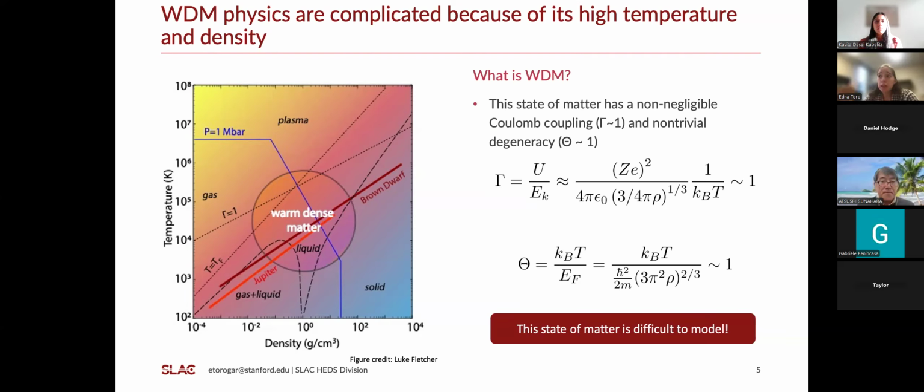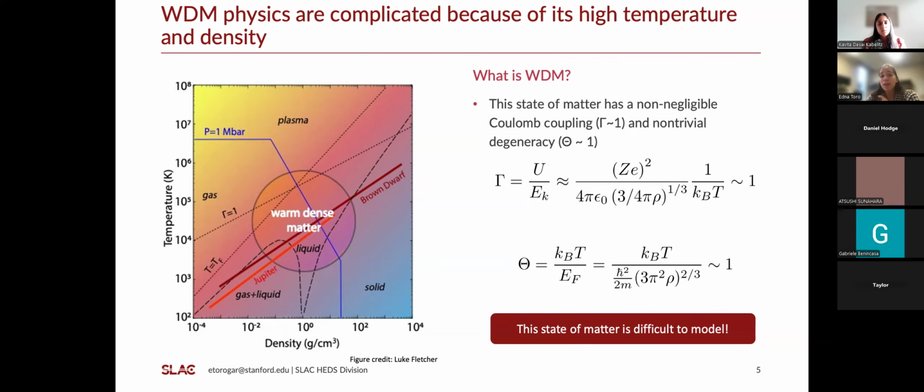Normally in a plasma or in a solid, you have assumptions such as the system is cold enough, or the coupling is not relevant anymore in a plasma, and you can neglect some of these contributions in your model. However, in this regime, nothing is negligible, and you have to take everything into account, which complicates modeling a lot.